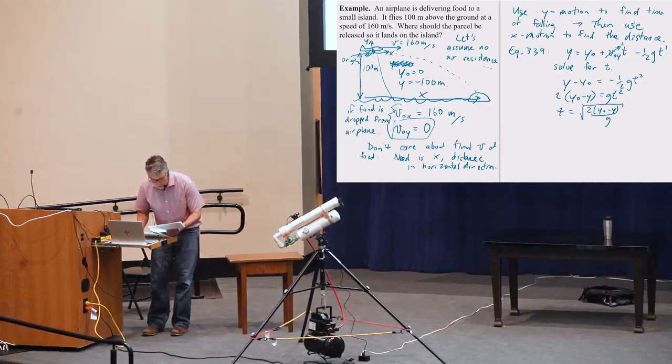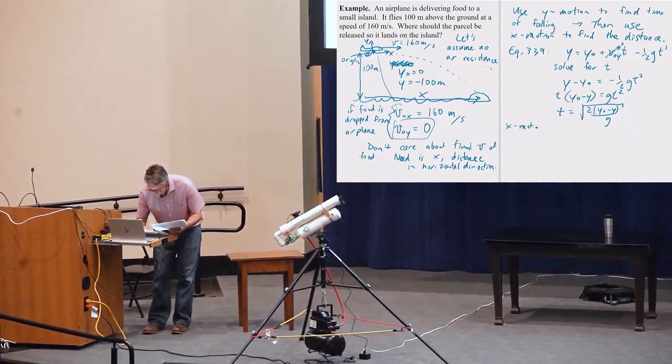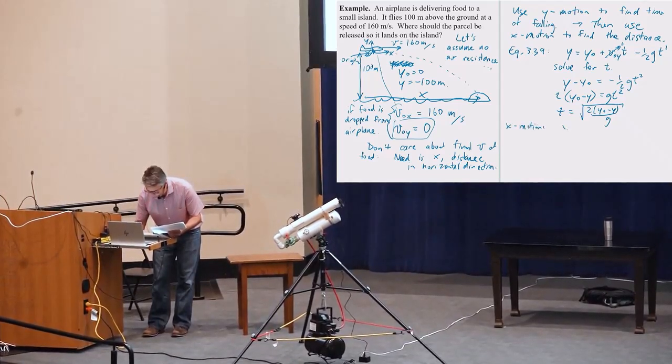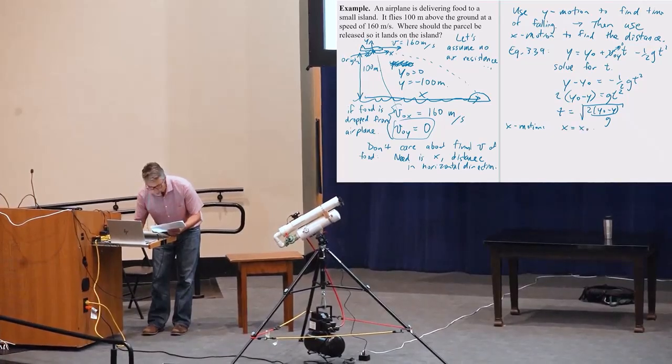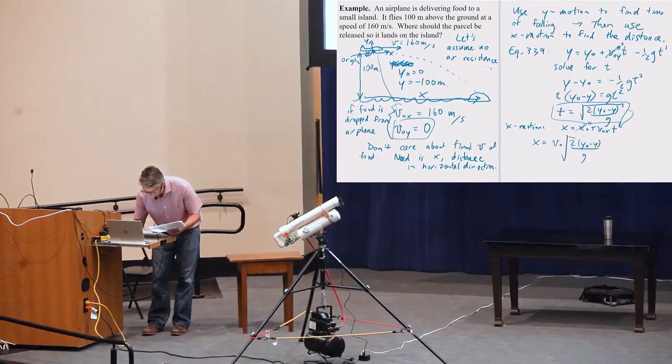And then we've got the x motion. There's only one equation really for the x motion. It's just that x is equal to x0 plus v0x times t. And x0 is 0. So x is equal to, and we're going to take the time from this one and plug it into the x component, v0 times the square root of 2 times y0 minus y divided by g.